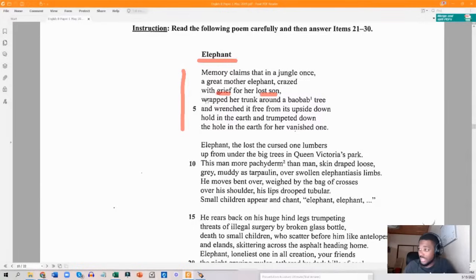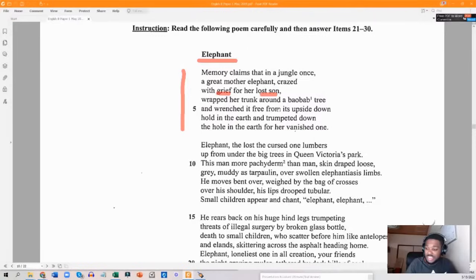She's upset, the elephant. She wraps her trunk around a tree, and remember, this tree has a very thick bark. It's not the kind of tree you will find scattered about in towns and cities. It's a jungle tree apparently. So she wraps her trunk around the tree. She pulls it out of the ground. Maybe she's looking for her son. Maybe the son is down below.